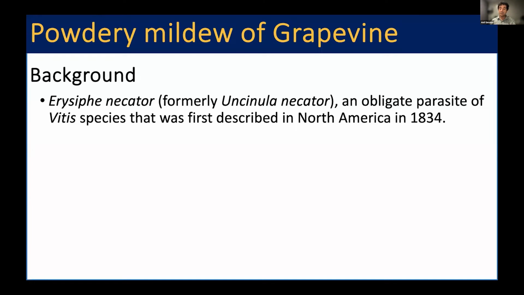However, it also produces some overwintering structures where it can overwinter, which I'm going to give you a little bit more information about. This disease is native to North America. It was first described in 1834, which means this pathogen is well adapted to our conditions, where it can survive and cause more damage on grapevine.